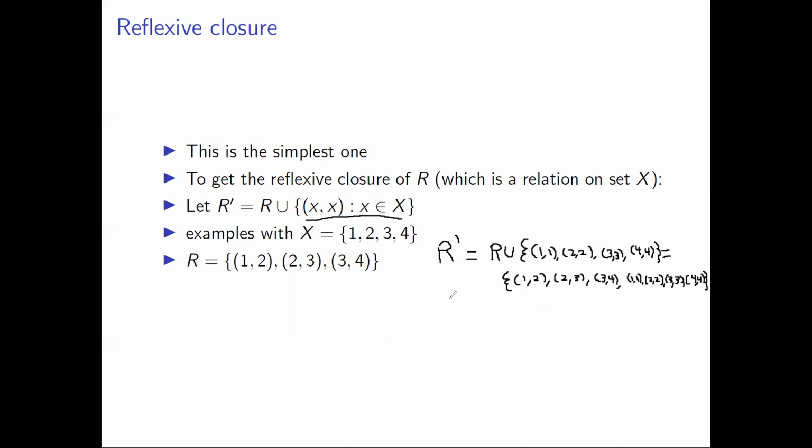And we can see in that case that R and the diagonal had no overlap. R had cardinality 3, the diagonal had cardinality 4, and the reflexive closure had cardinality 7. Let's look at a second example.